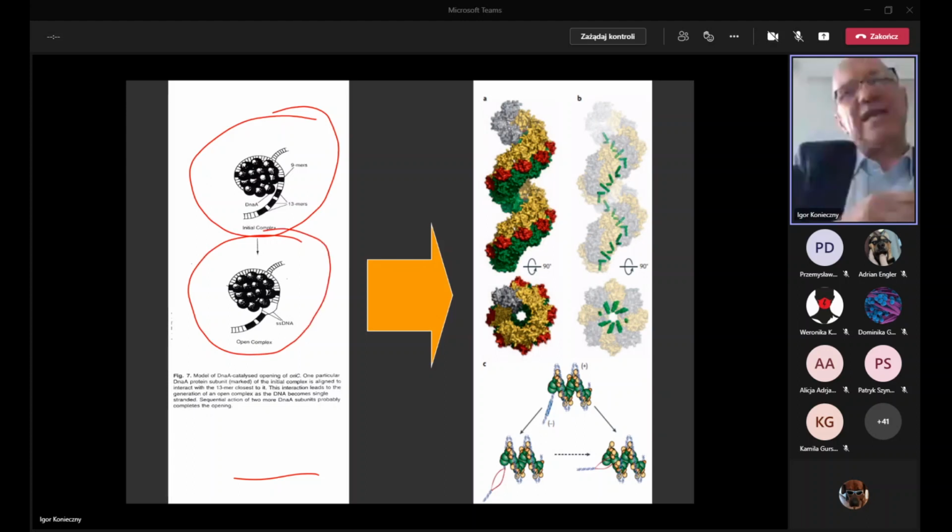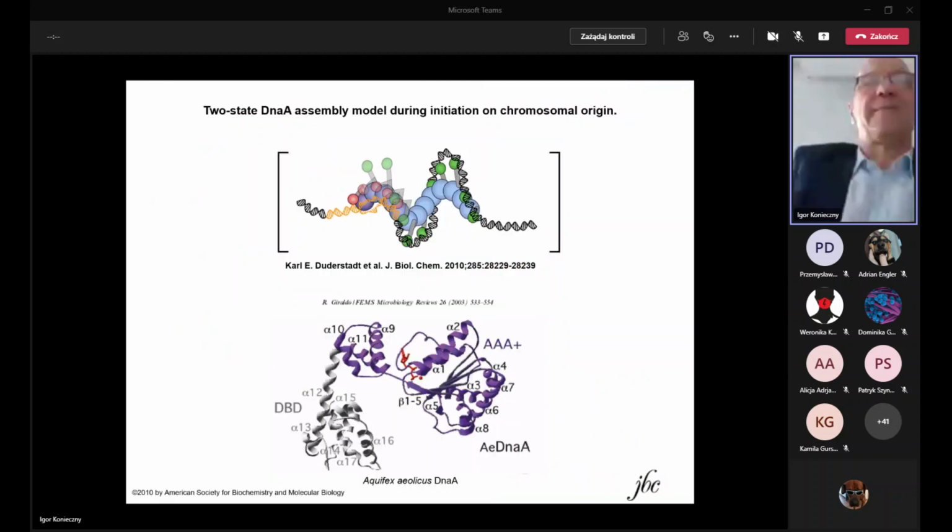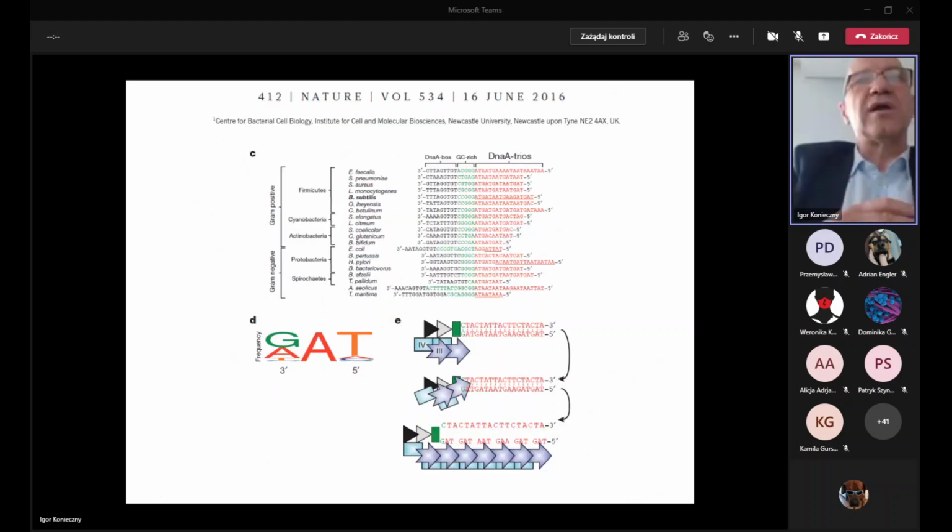And now we have the next century, so 50 years or so, to get the picture of a DnaA filament on the replication origin, but still we don't know everything. So this is just the current model, and just to prove that we don't know, I would like to show you a Nature paper from 2016.